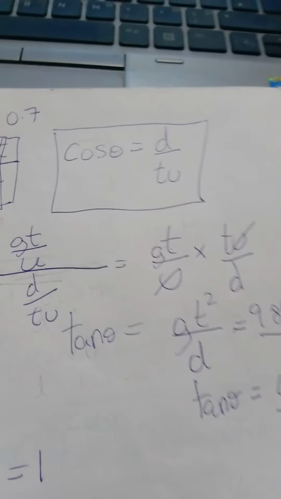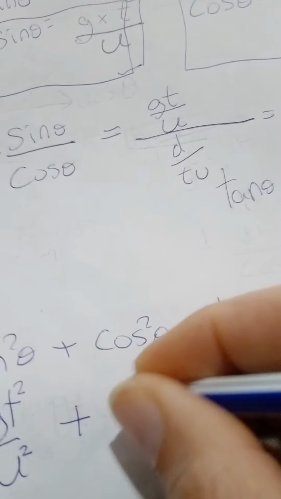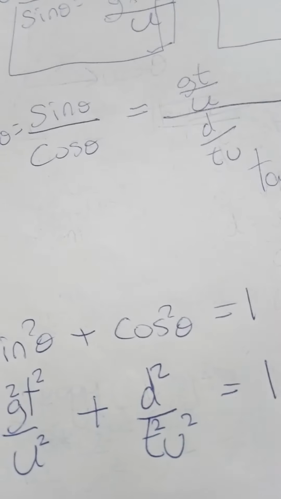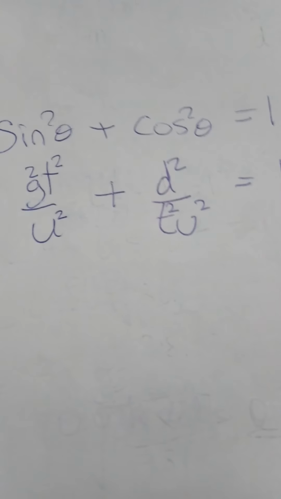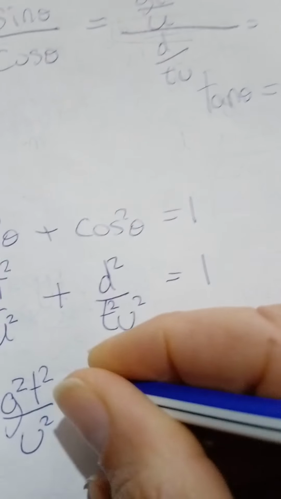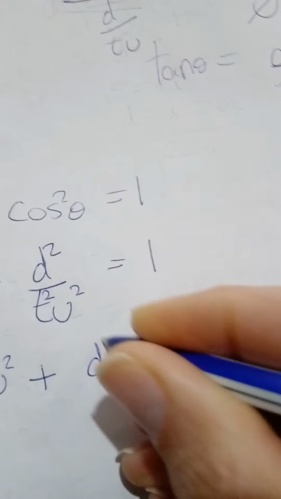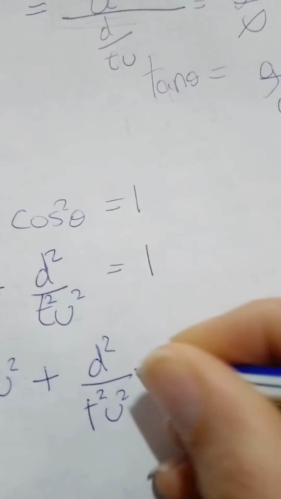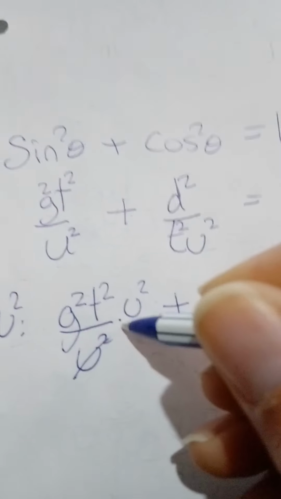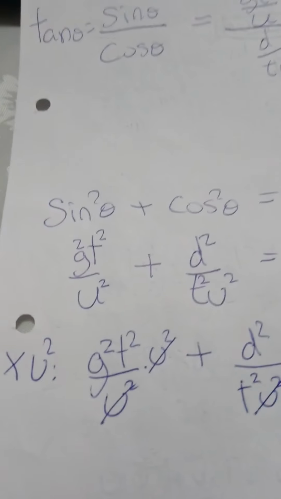Instead of cosine squared theta, I'll put d on tu all squared, equals 1. We can see that we've got u squared in the denominator. We'll get rid of it by multiplying everything by u squared. And it becomes g squared t squared on u squared times u squared plus d squared on t squared u squared times u squared equals u squared. These cancel, and these cancel also.